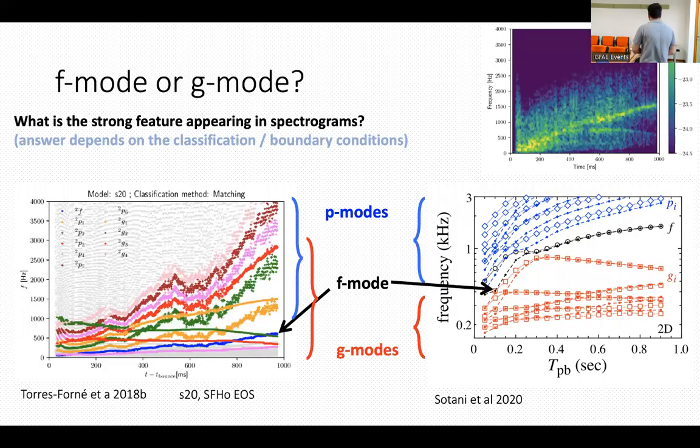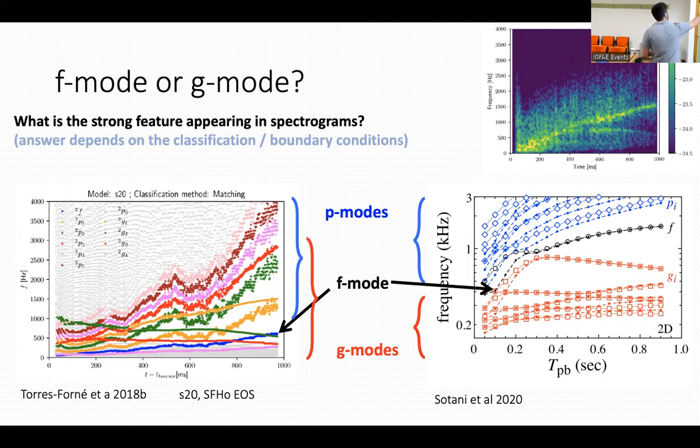The other key thing, the open issue, is the labeling of the modes. This strong feature of the spectrum, what mode does it belong to? The G mode, the F mode, what is this? With our method, we cannot put labels in that easy way.